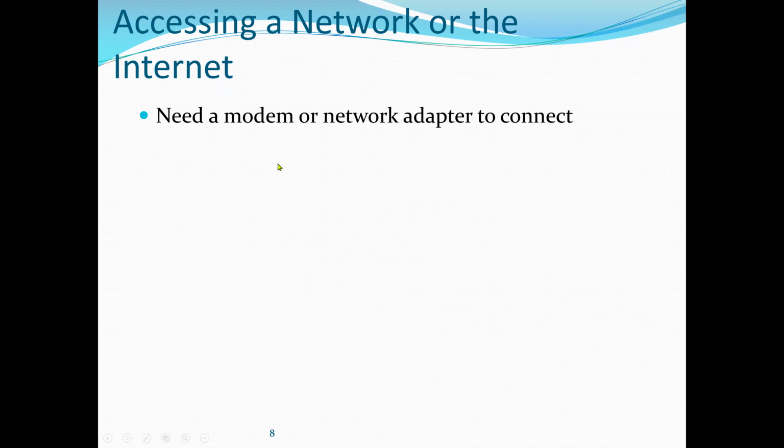A computer system understands only digital. So the modem has to change the data from analog to digital or digital to analog. For example, if I'm sending a message from my digital computer, and this data must pass through a telephone line to go to another computer, then we need a modem.